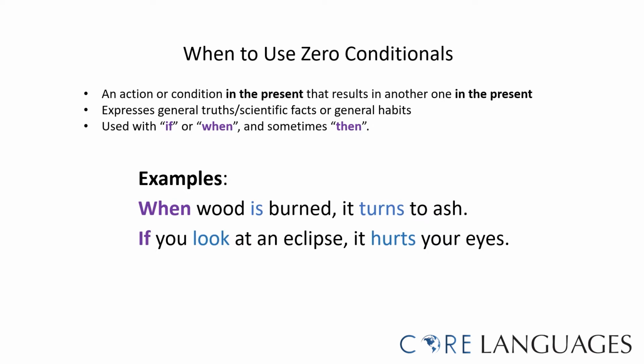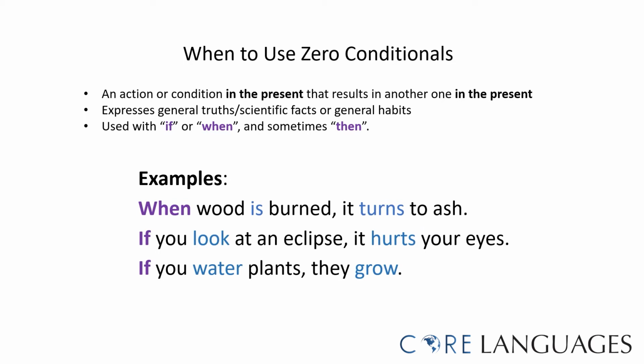Go and get are both in the simple present tense. If you mix blue and yellow, you get green. Mix and get are in the simple present tense. All three sentences express either a general truth, a scientific fact, or a general habit.